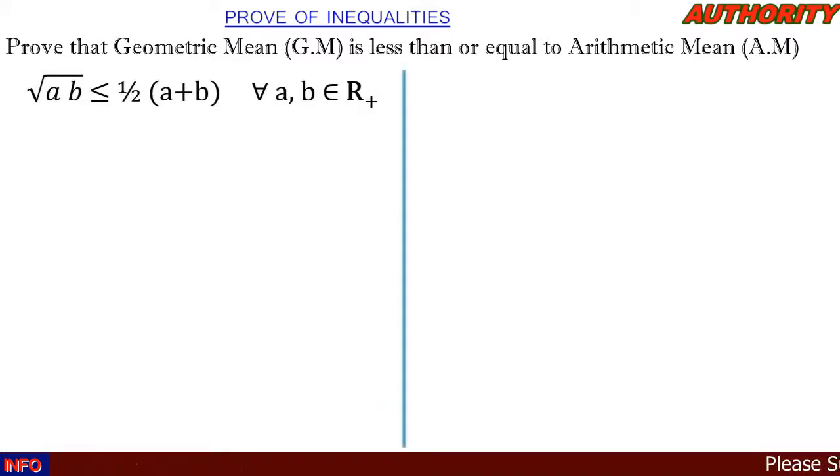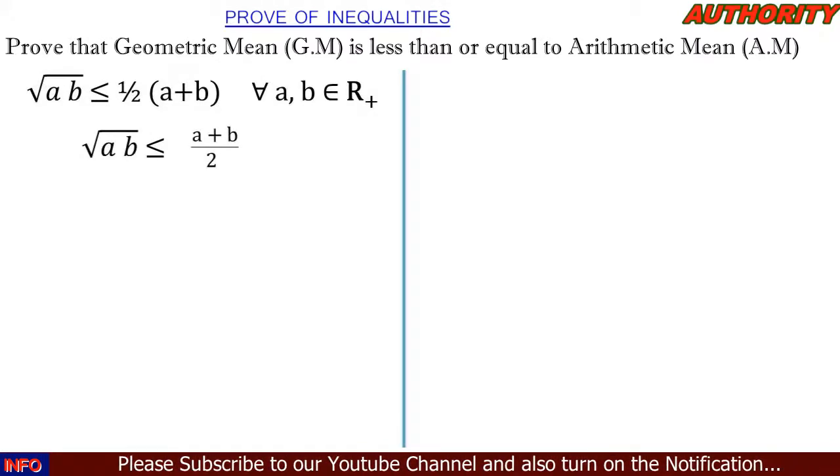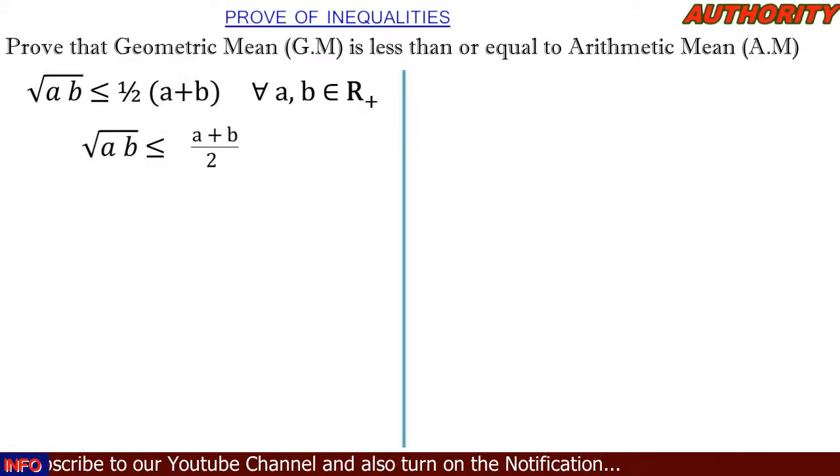We have square root of AB is less than or equal to 1 all over 2 or half of A plus B. So this half of A plus B, if you multiply it, is the same thing as saying A plus B all over 2.